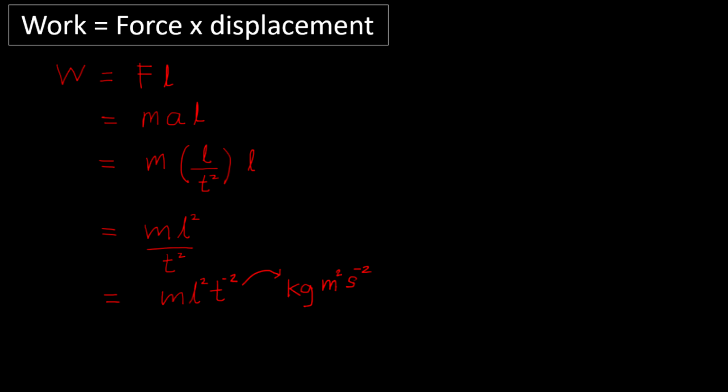So kg m^2 s^-2 is actually equal to joule. We have another unit, joule, but the symbol is capital J. Don't use small j. So for the symbol we use capital J. So one joule will be equal to 1 kg m^2 s^-2.